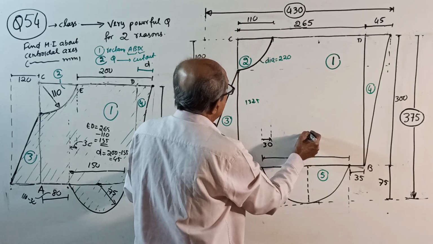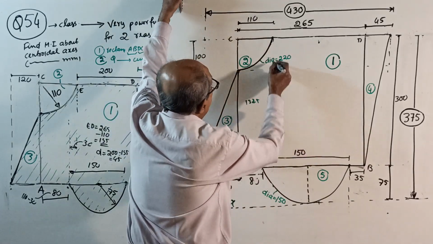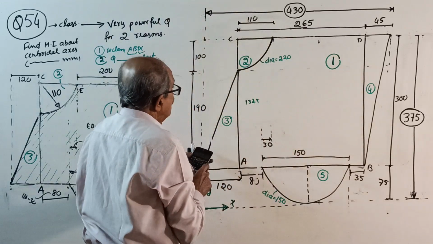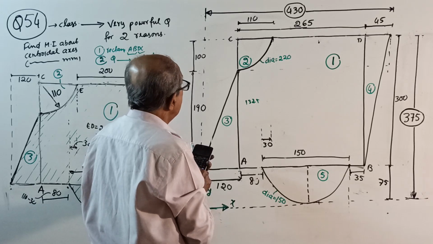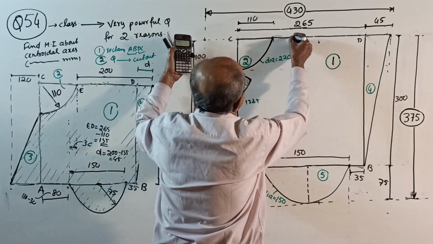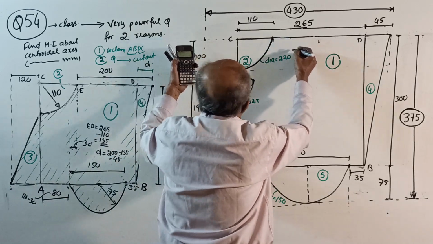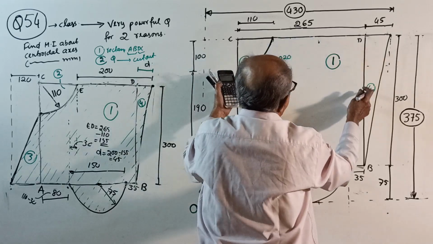Up to here is 155. So after this point, how much more? 155 minus 132.5 is 22.5, maybe somewhere here. See, somewhat scale is required now. Slightly I will shift it because it does not look to scale.